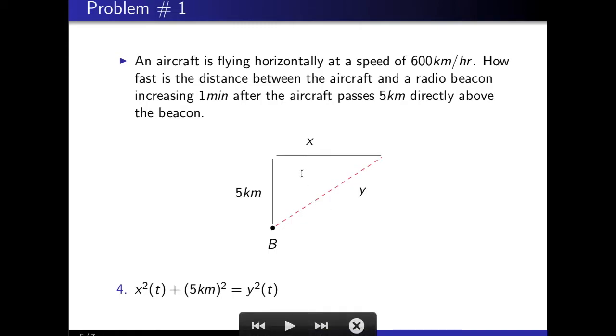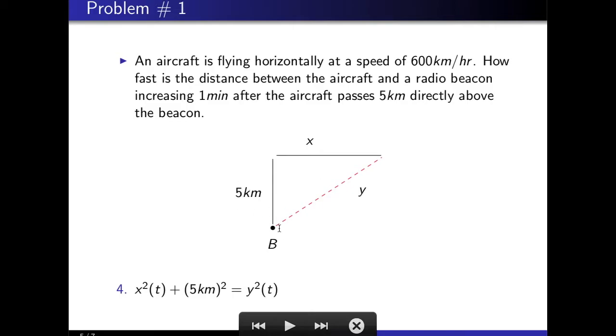So let's see what we have in this picture to try and set things up. We have this radio beacon here, B, and 5 kilometers above it, we have an airplane that is going 600 kilometers an hour horizontally. So this variable x is going to give us the horizontal distance between the radio beacon and the airplane.